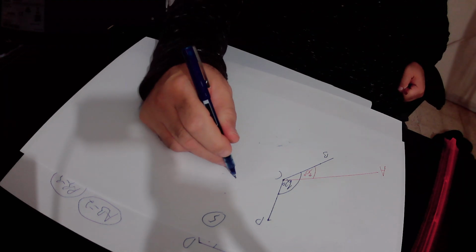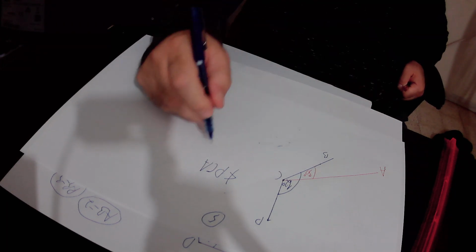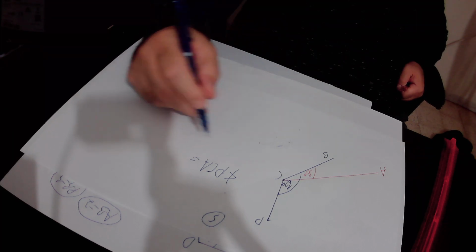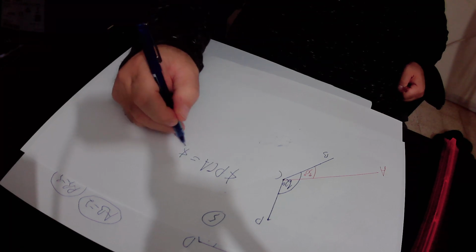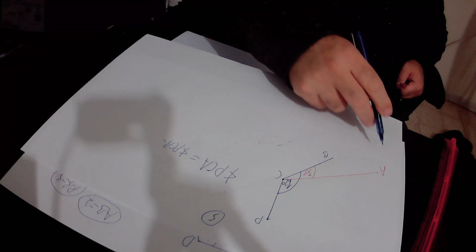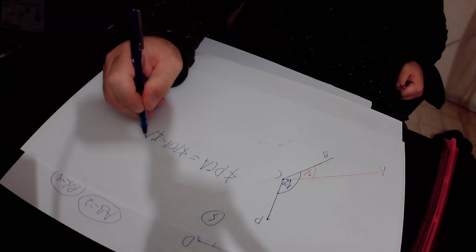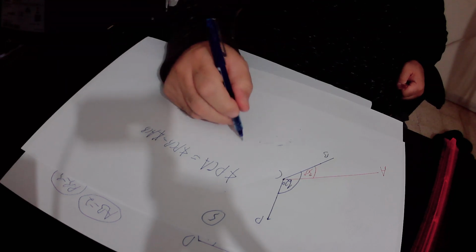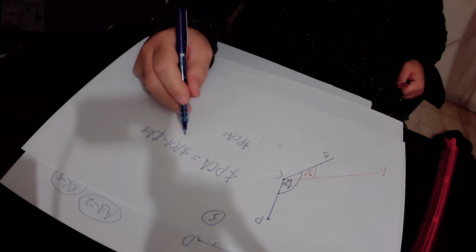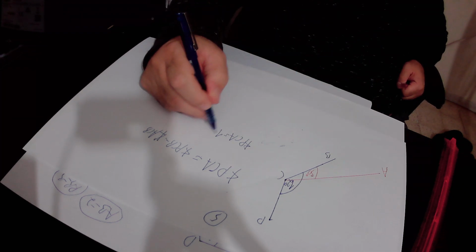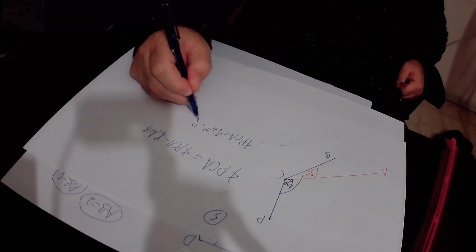The missing angle PCA will be equal to the big angle PCB, that is equal to 120 degrees, minus the small angle ACB, that is 30 degrees.